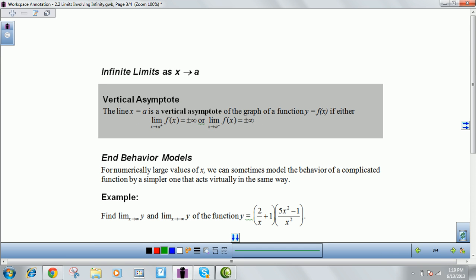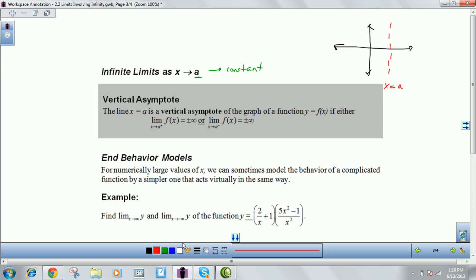Now, infinite limits the other way around. As x approaches some value, where a is a constant value. Let's sketch a little graph. Let's say this red line represents x equals a.